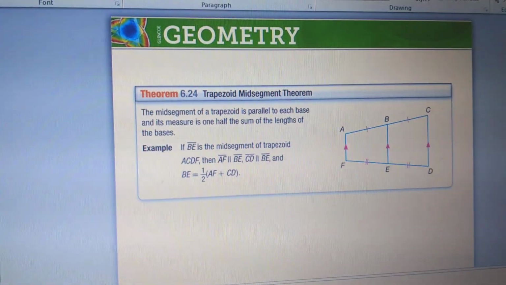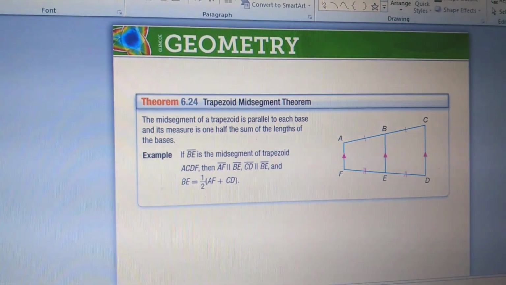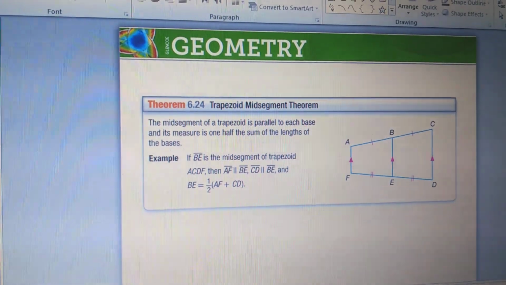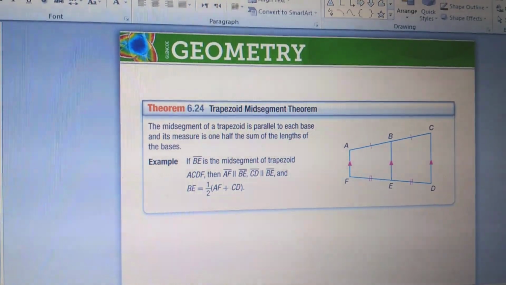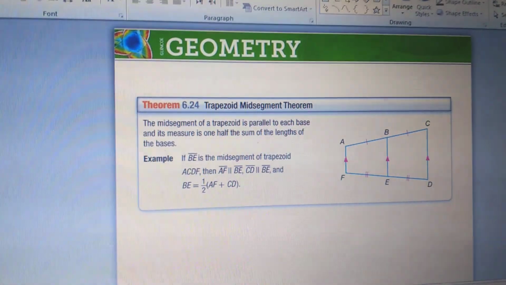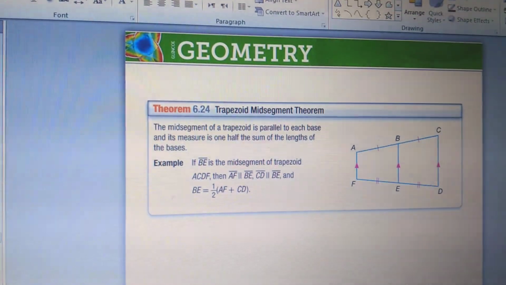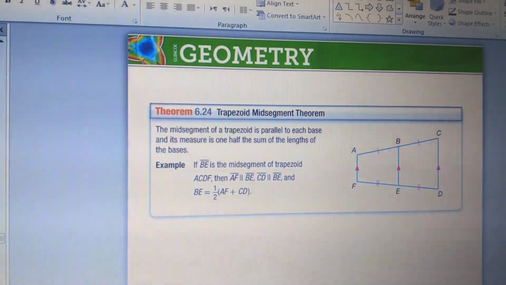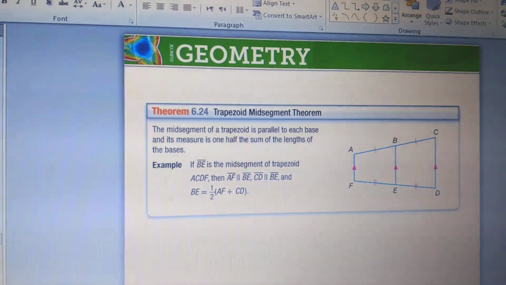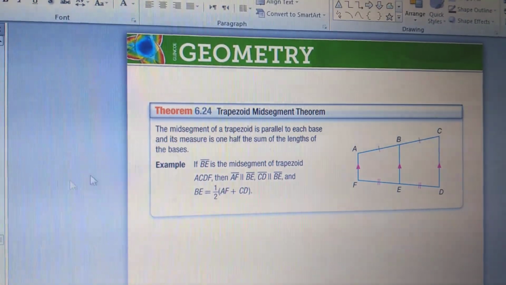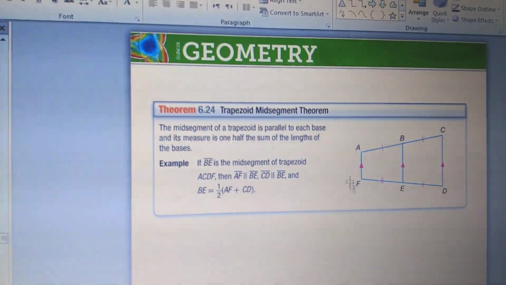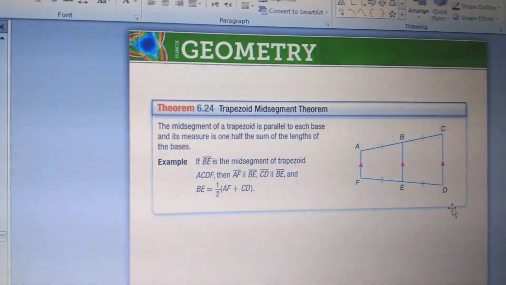Now we are going to talk about the mid-segment. The mid-segment theorem: the mid-segment of a trapezoid is parallel to each base, and its measure is 1/2 the sum of the lengths of the bases. Very simple. AF and CD are bases.